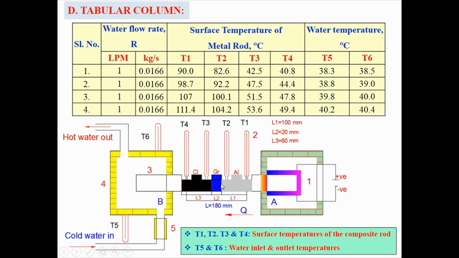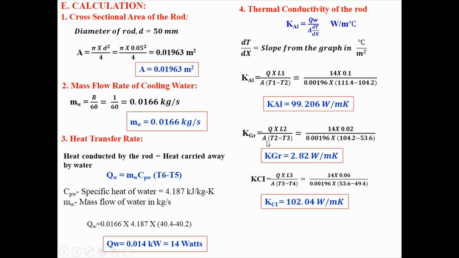Then Q into L2 divided by A into T2 minus T3. Substitute and get the value. Thermal conductivity of graphite is 2.8 watt per meter Kelvin. Similarly, go with cast iron also. By doing this, you will get the thermal conductivity for aluminum, graphite and cast iron.